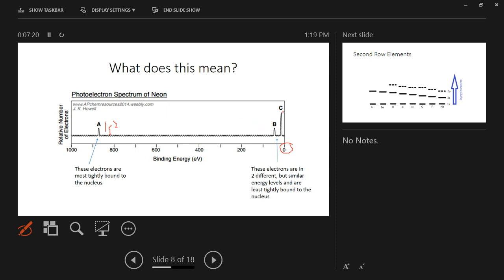And that is validation that the electron configuration that we have figured out theoretically is matched by reality.